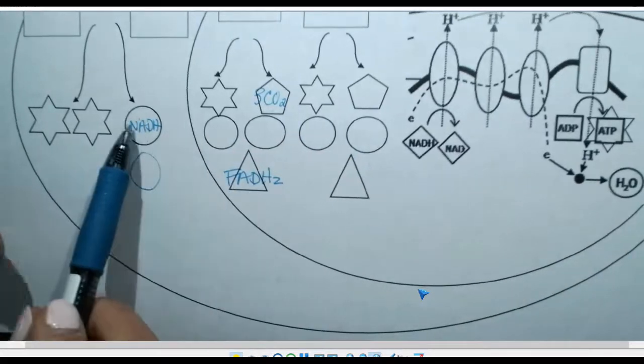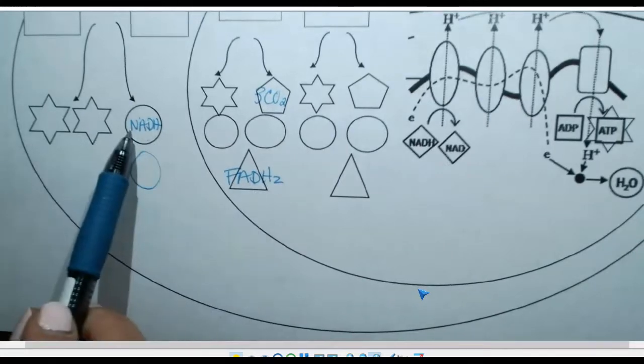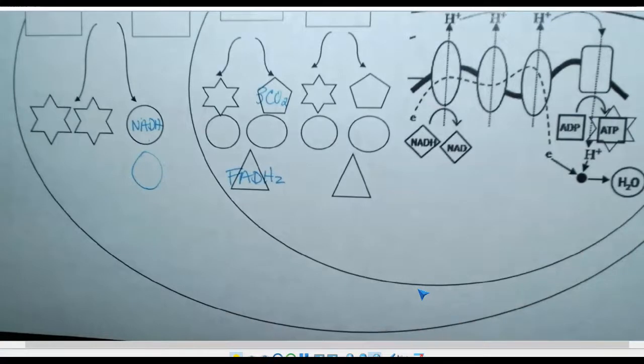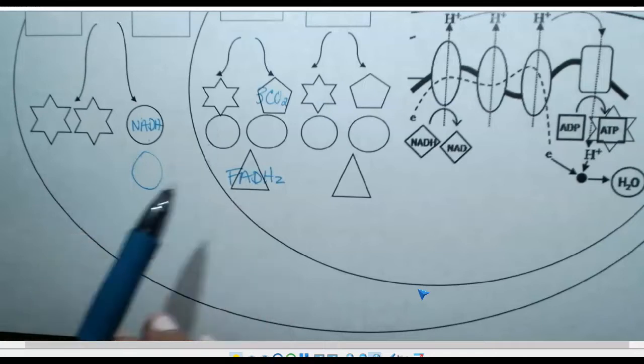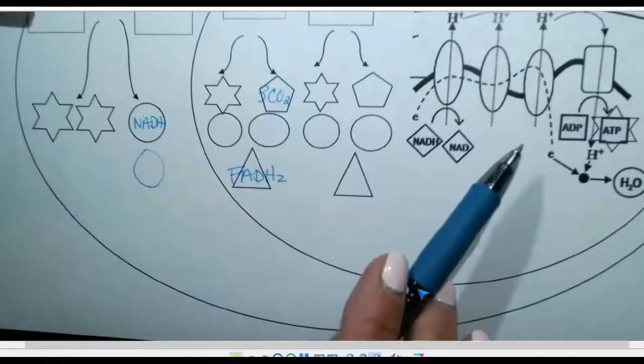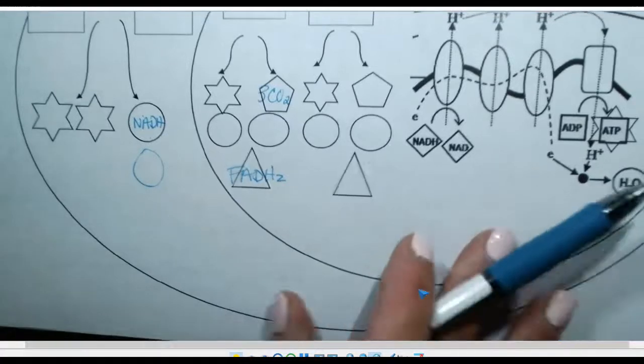These two, again, their main goal in the whole process of cellular respiration, or their part, is to give away electrons and to give away hydrogen atoms. That's their main goal. That's the reason they're made, okay? So don't let them confuse you. They're super important in the very last stage, okay?